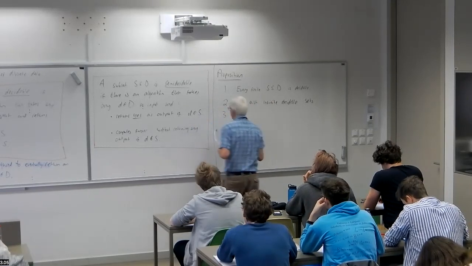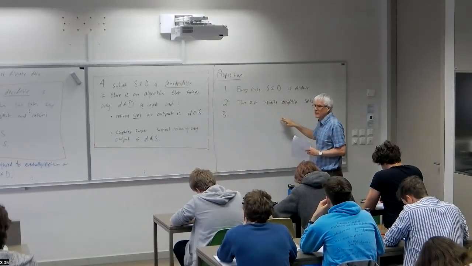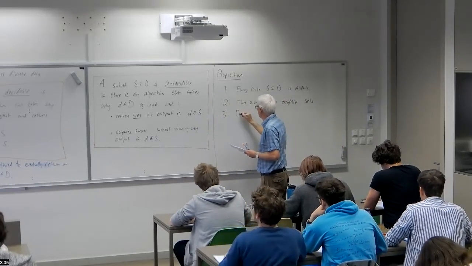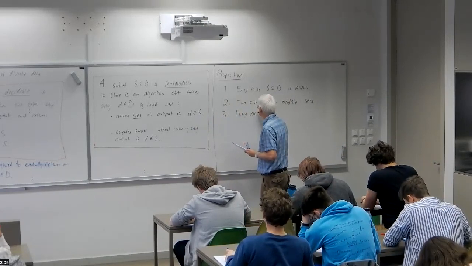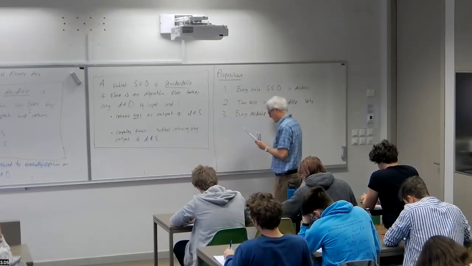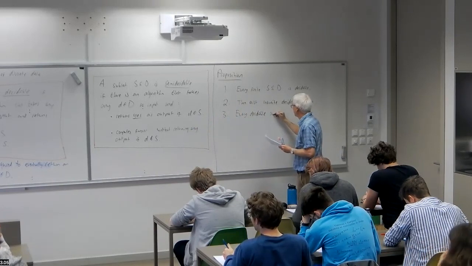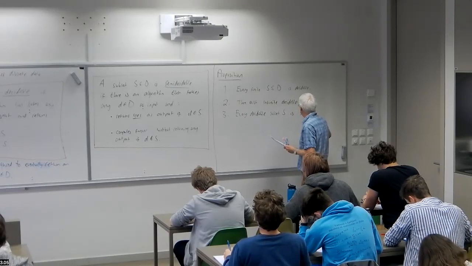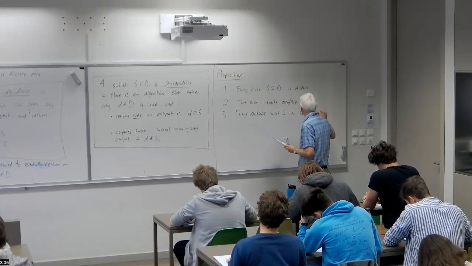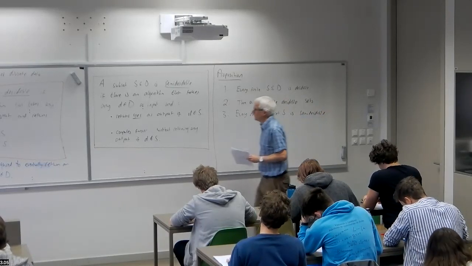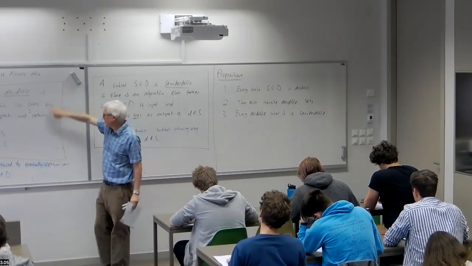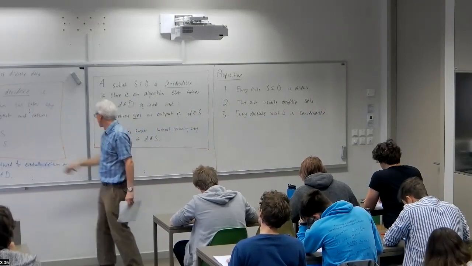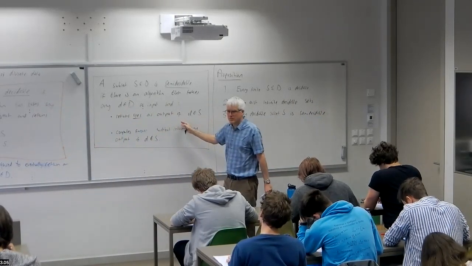Thirdly, being decidable is a stronger property than being semi-decidable. So every decidable subset S is also semi-decidable. And that's easy. If you've got a decision procedure, an algorithm that will return yes or no, we want to give instead a semi-decision procedure.